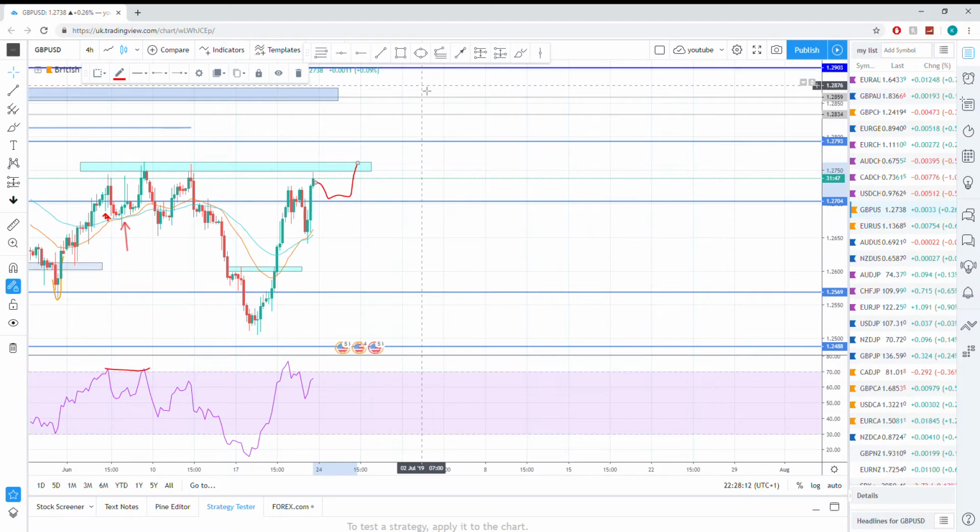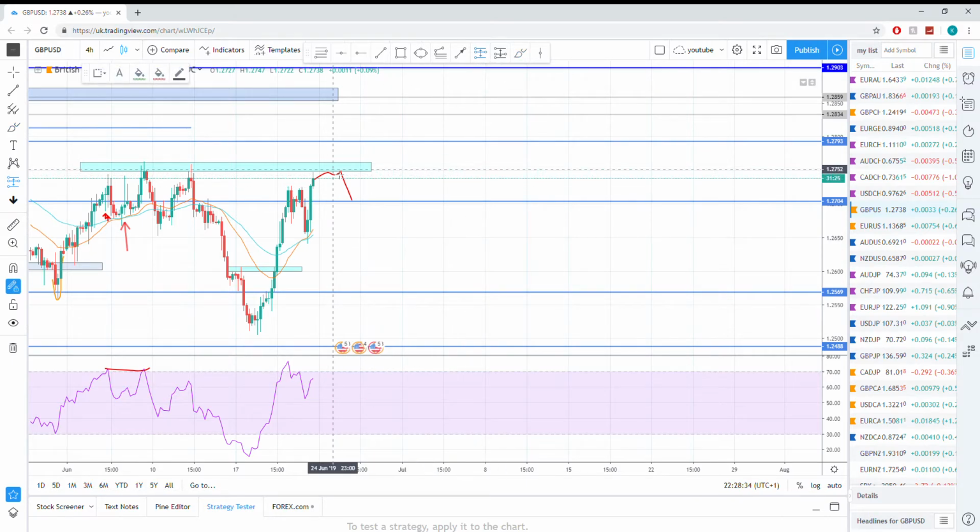Another potential scenario could be that price comes up to here, we get another rejection from this point before we come down, and that could be our TP. So we can make money both ways. We just have to see where the market comes in the following week.